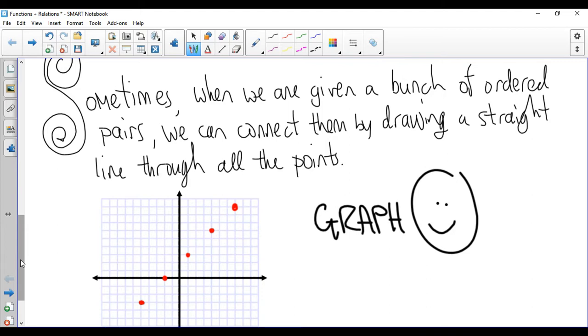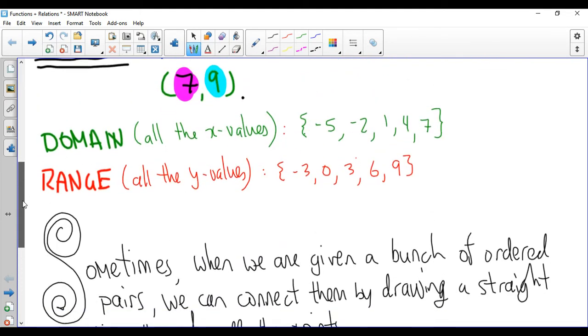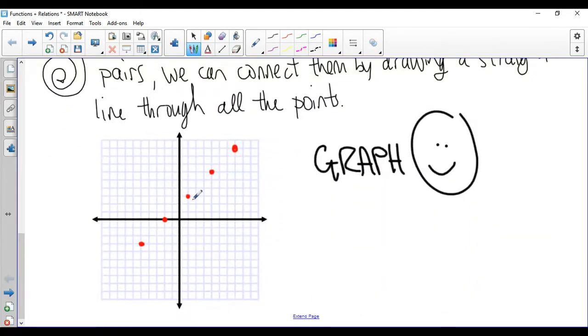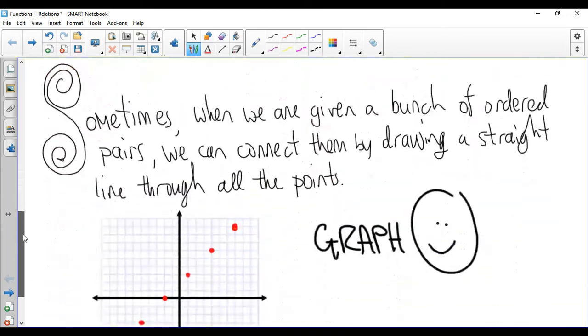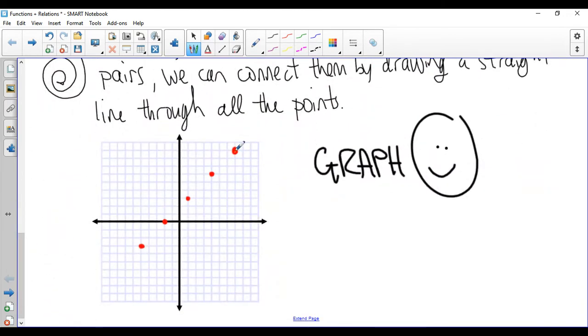I can have ordered pairs like up here, or we can graph them like I just did here. So these points correspond to the points that are up here: -5, 3, -3, -2, 0, and so on. And then when I look at it, you say, well, hey, check it out. This is actually just a line, okay? If I were to connect them.